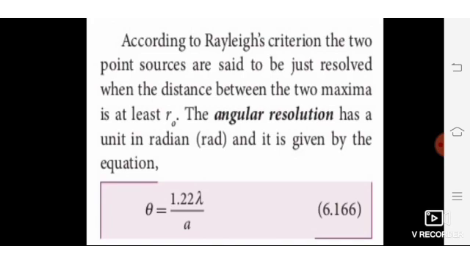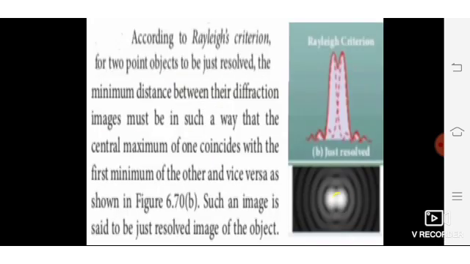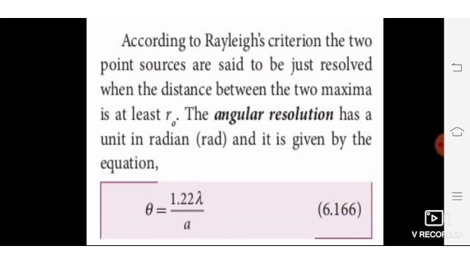According to the Rayleigh criterion, the two point sources are said to be just resolved when the distance between the two maxima is at least r0. You already know the value of r0. The angular resolution has a unit of radian, and it is given by the equation theta is equal to 1.22 lambda divided by a.